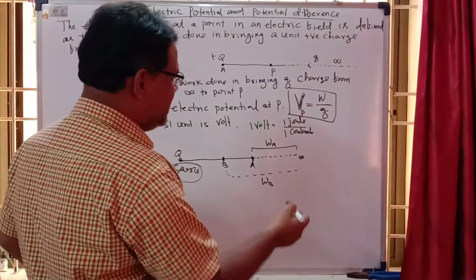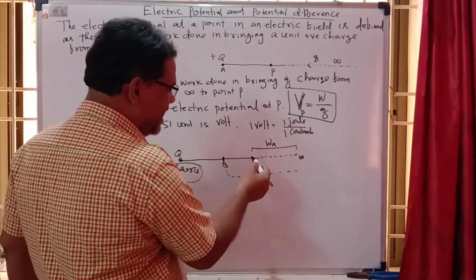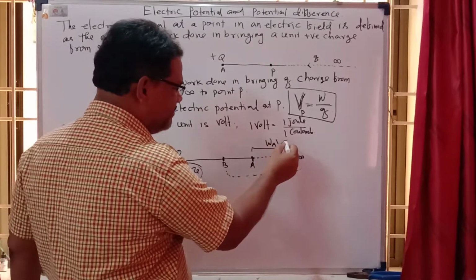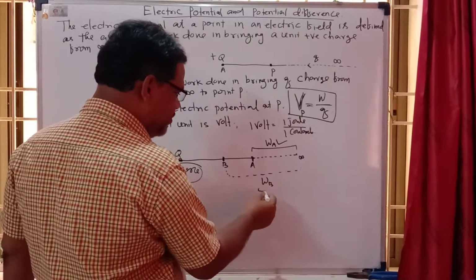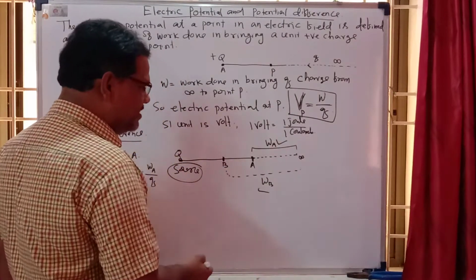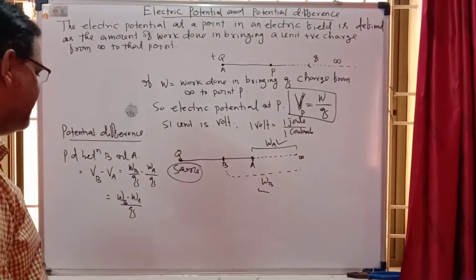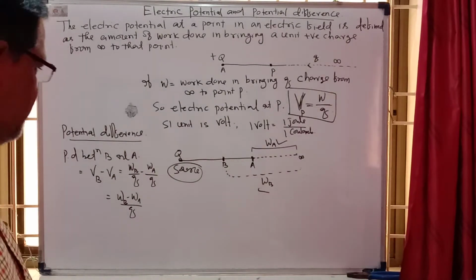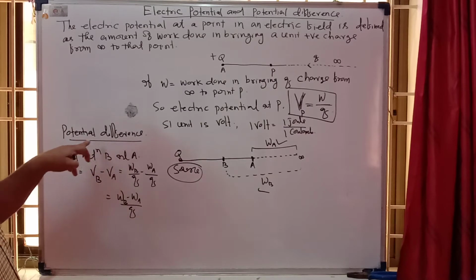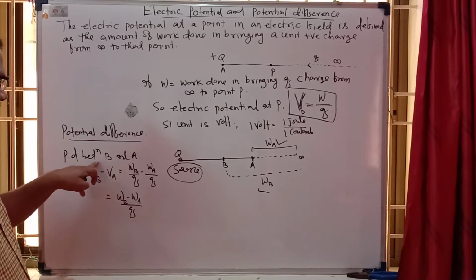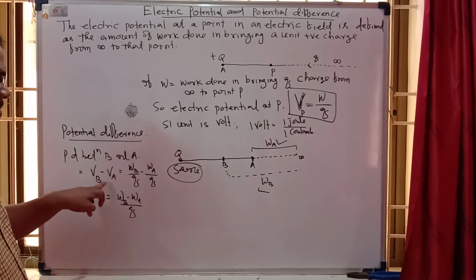If you bring the charge from infinity to A, the work done will be WA. From infinity to B, the work done will be WB. The difference of the work done will be WB minus WA. Call the potential difference PD. The potential difference between B and A is equal to VB minus VA.